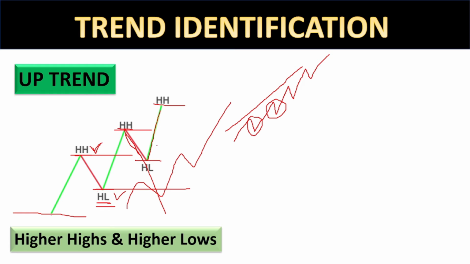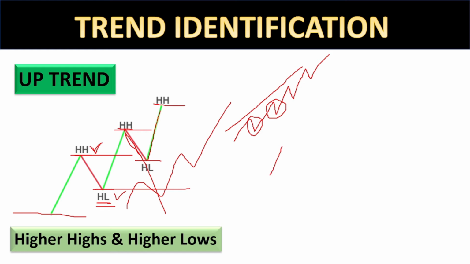When a trend follows these rules, we can say it is an uptrend. This is how an uptrend looks on a chart: it forms with higher highs and higher lows.